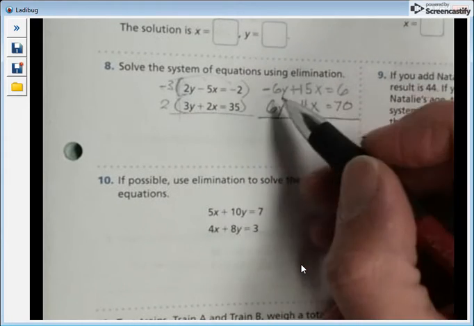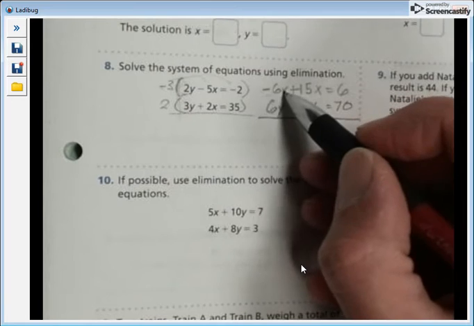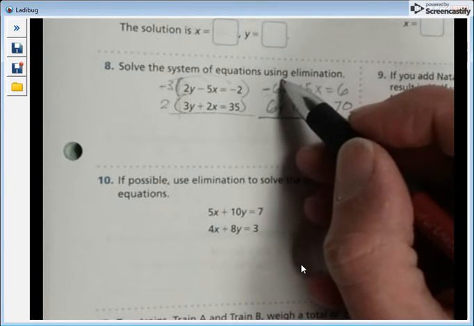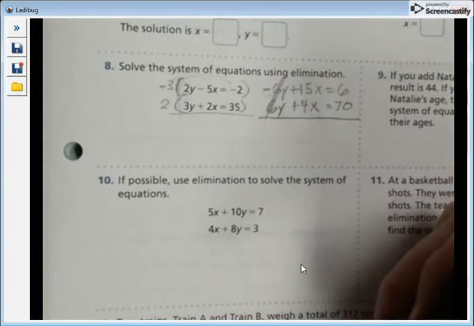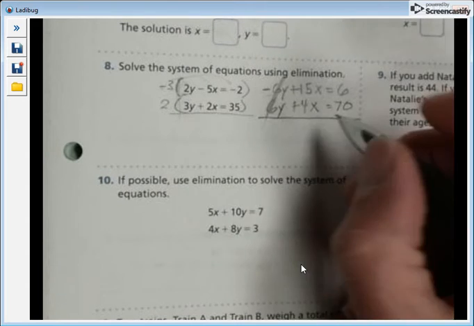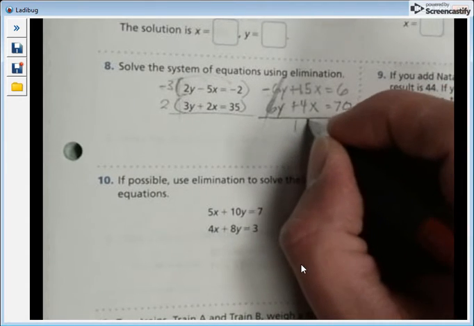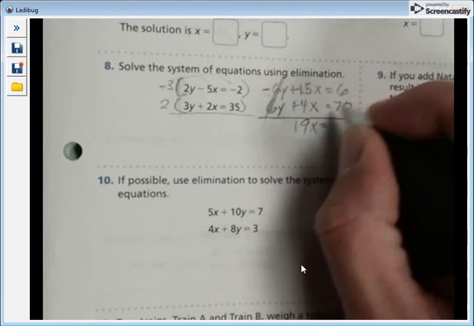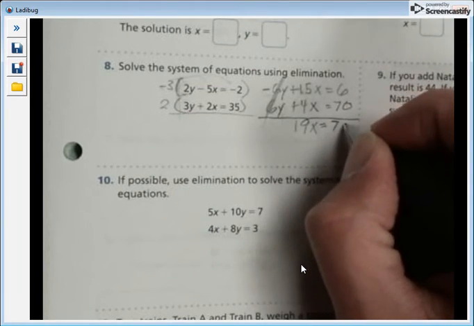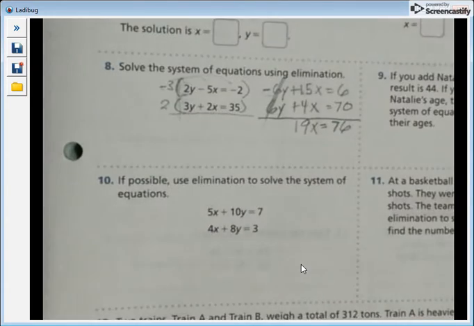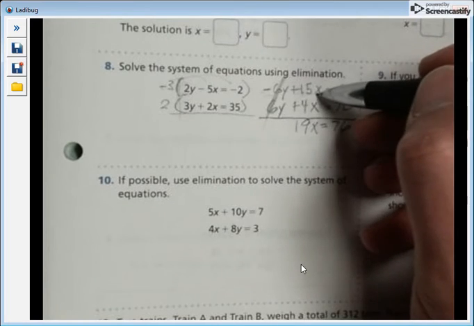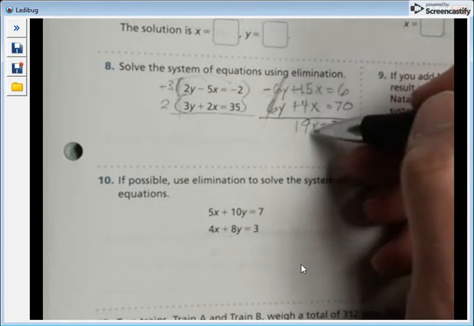Sweet. So now here I can eliminate -6y and a +6y. Those go away, bye-bye. They take each other out, right? 15x and a 4x is a 19x equals 76. So you're just now adding down. A +15 and a +4 is a 19x.